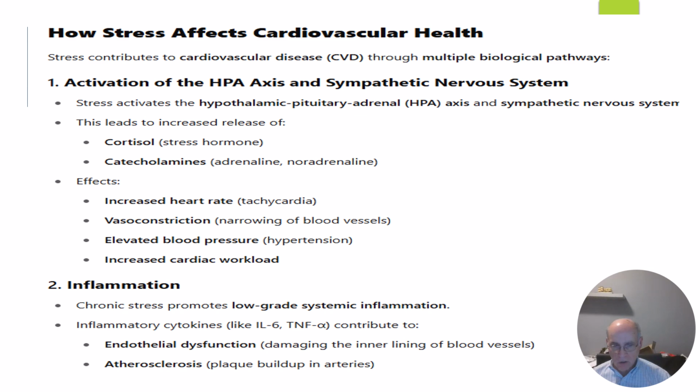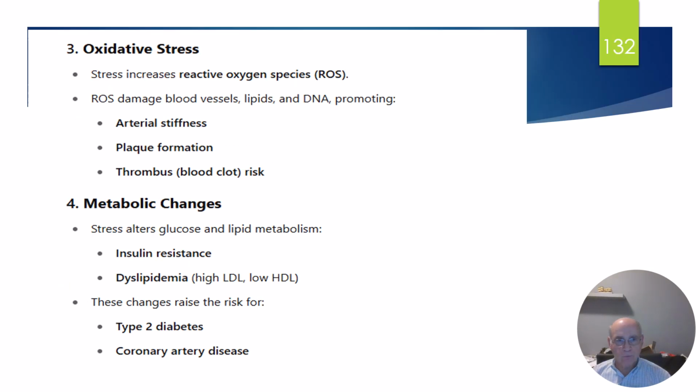That inflammation can ultimately lead to the buildup of plaque in blood vessels. Oxidative stress and excessive reactive oxygen species can cause damage to blood vessels, lipids, DNA, promoting arterial stiffness, plaque formation, and increases the risk of thrombus. It also alters blood sugar levels, creating dyslipidemia, insulin resistance, type 2 diabetes, and coronary artery disease.